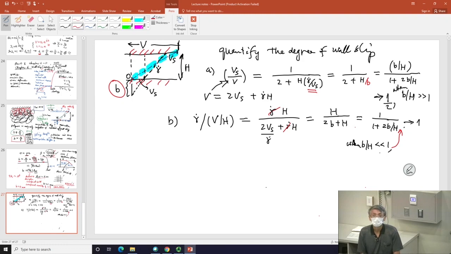So that's, of course, the limit of no slip. The apparent shear rate and the true shear rate are the same in that limit. So once again, the quantification is expressed in terms of the ratio of B over H.